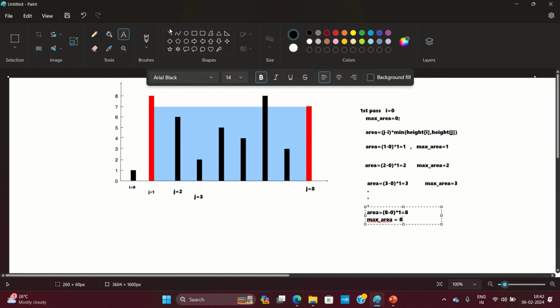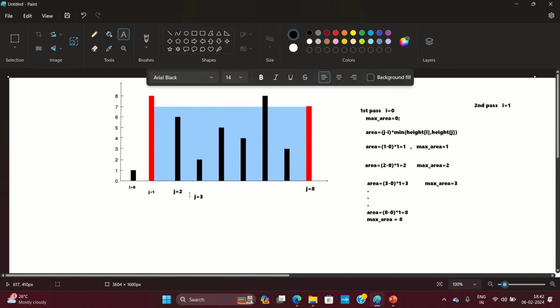And now similarly, at the second pass, when I is equal to 1, so now I points here.